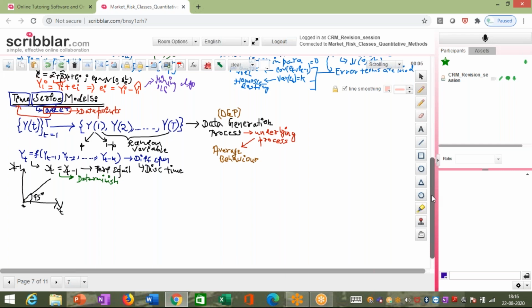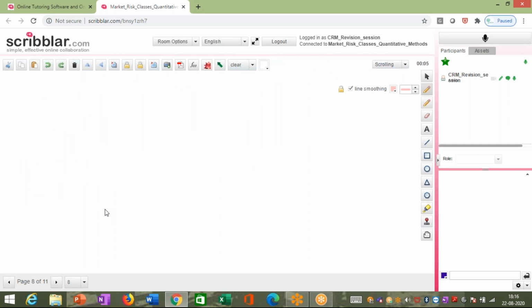So this is something that we need to discuss in detail. A part of it we had already discussed in the last class, where we had a basic discussion on time series frameworks, and we had also talked about the random walk models, right?